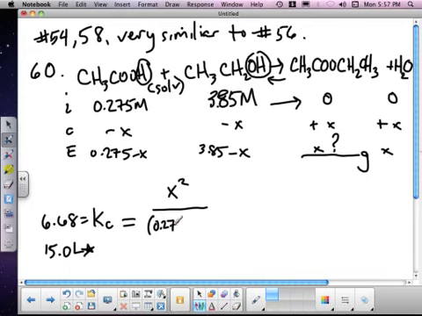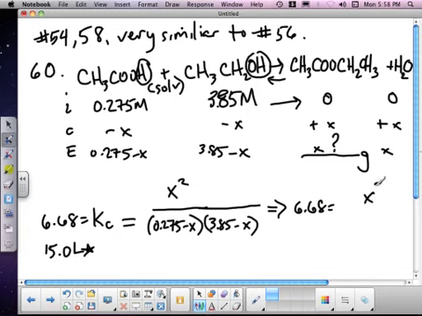So we have to do our binomial expansion here. When I do that, I'm going to say 6.68 equals X squared over, factoring out the denominator, 1.06 minus 4.13X plus X squared.